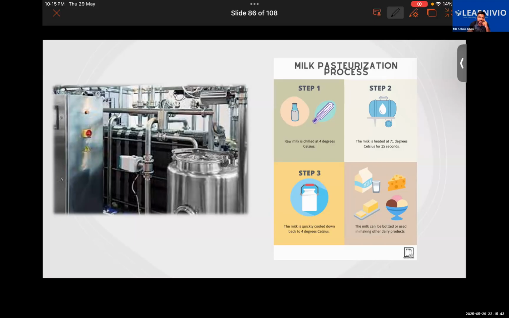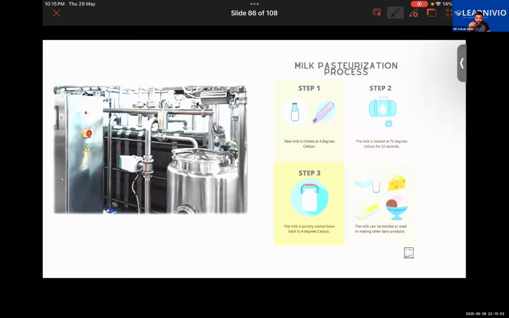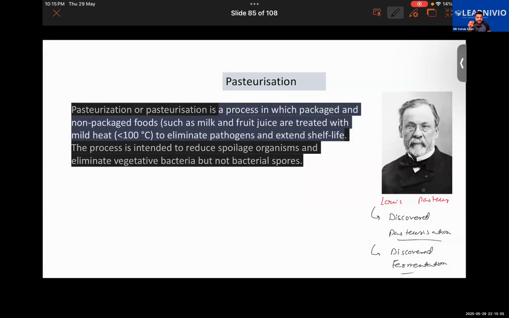It's not like 100% of the microorganisms will be killed, because if that was the case, it could be stored forever. Pasteurized milk that you purchase from the market also has an expiry date. We have to use it within that period of time. So this process reduces the spoilage of the milk and the fruit juices.